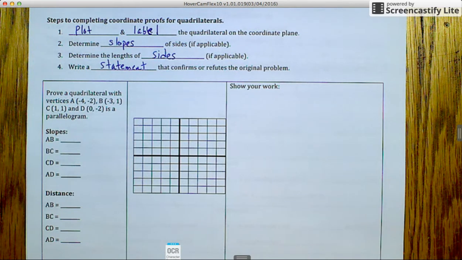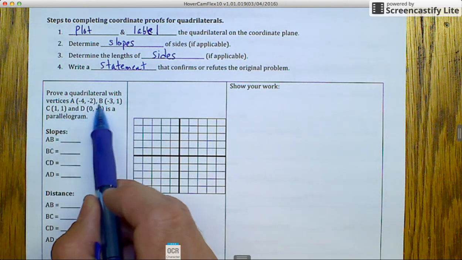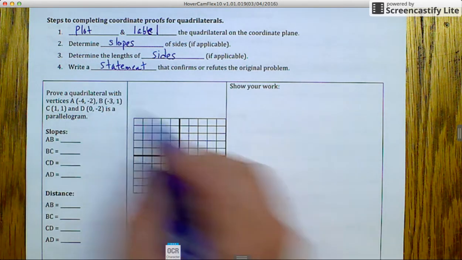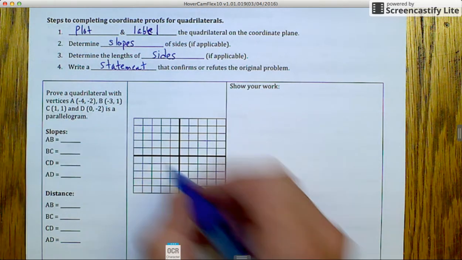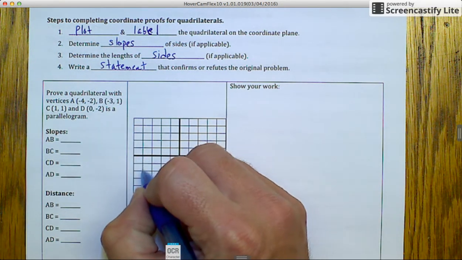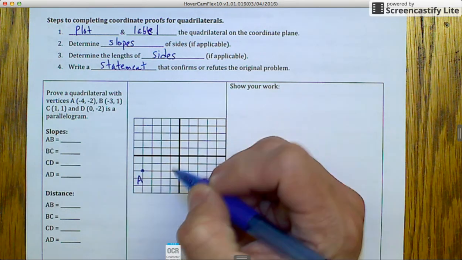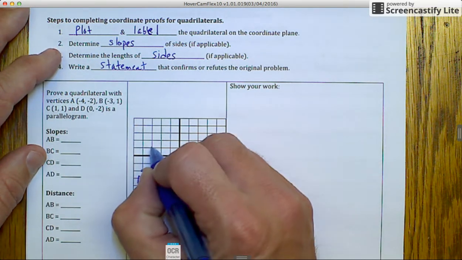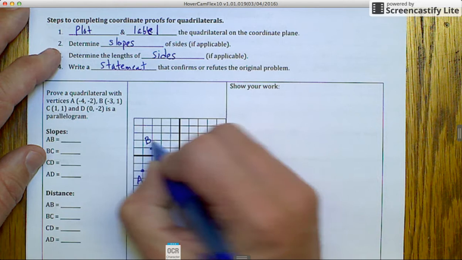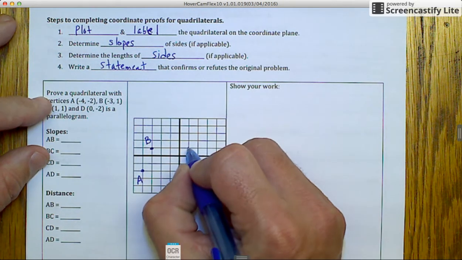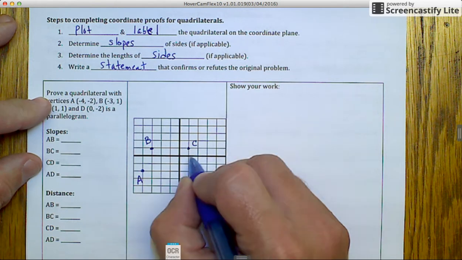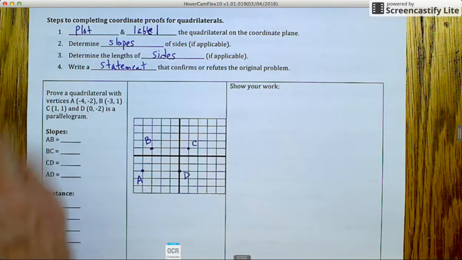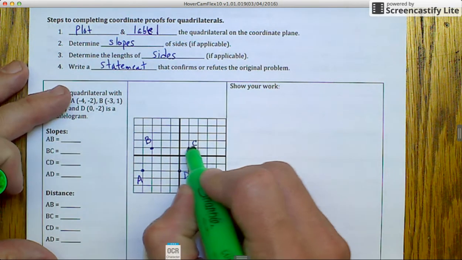So the first example says, prove a quadrilateral with vertices A, B, C, and D is a parallelogram. So the first thing it says, plot and label the quadrilateral. So -4, -2 is A. Then -3, +1 is B. Then 1, 1 is C, and 0, -2 is D. And I'm going to use my green highlighter here.